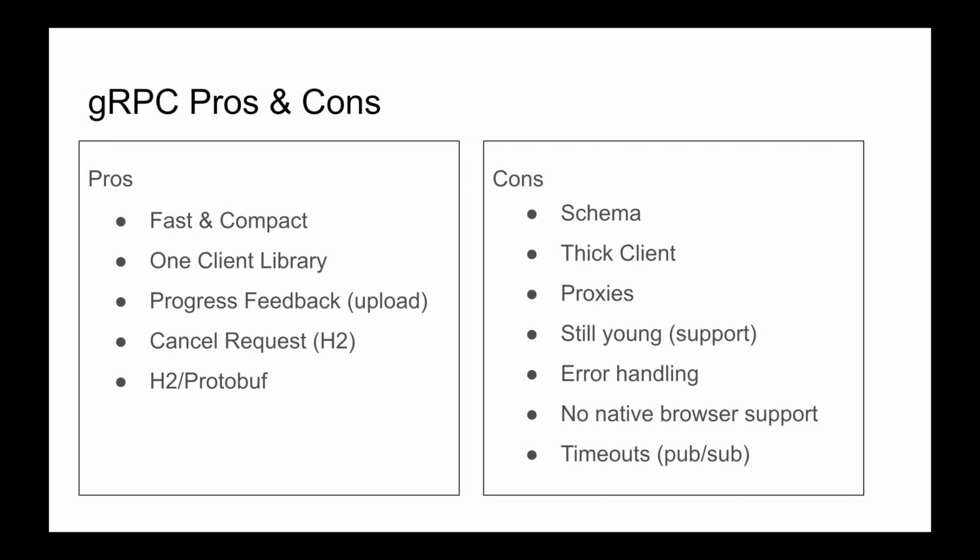So proxies are still learning about this protocol. It needs to understand it. It needs to terminate gRPC, which, what the heck does that mean, right? Terminating gRPC and reestablishing it on the backend, right? That's why it's way easier just to use a layer 4 proxy with gRPC and just call it a day. You cannot hook into the gRPC request.